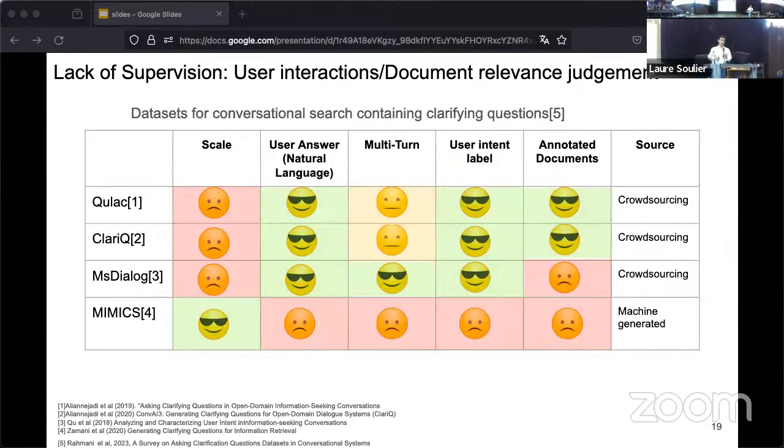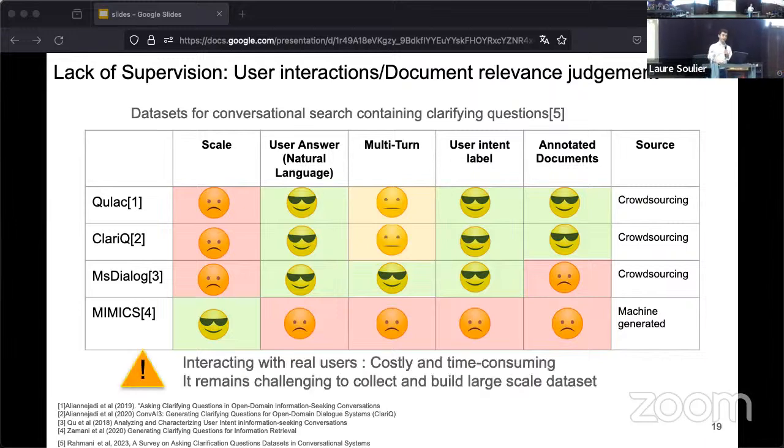One of the challenges faced with conversational search systems is the lack of supervision. What I mean is that interacting with real users is time-consuming and costly, so it's really difficult to scale these datasets to a large number of examples.